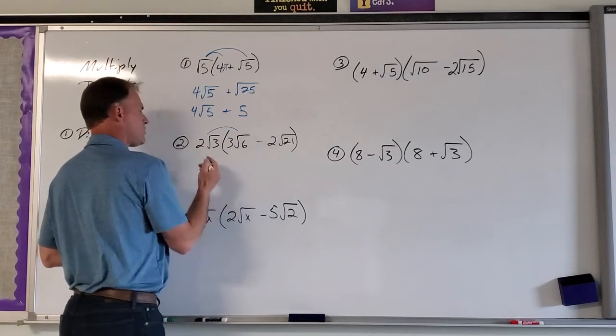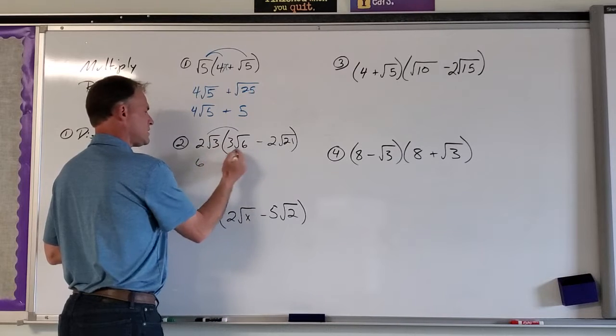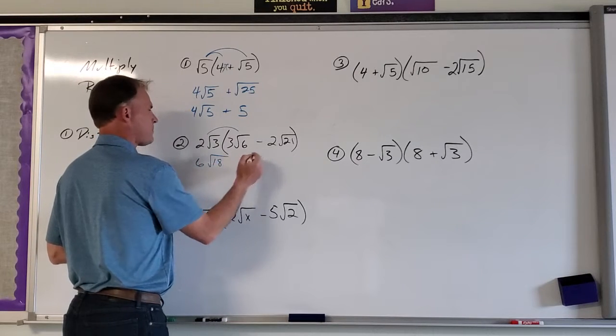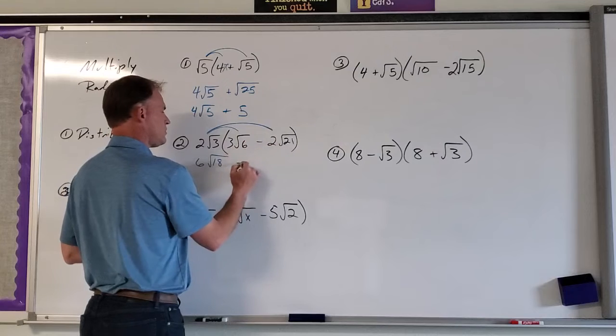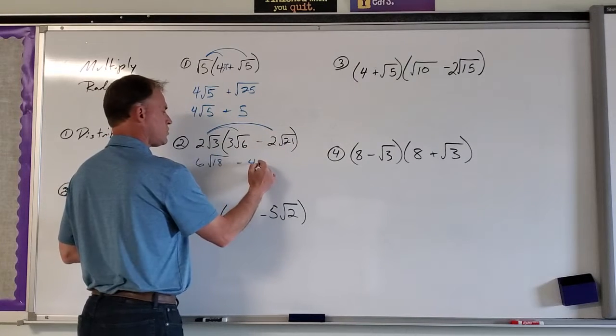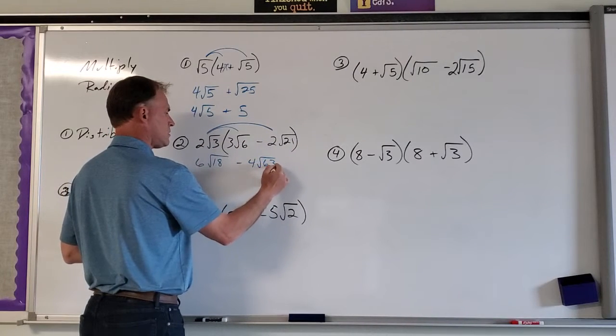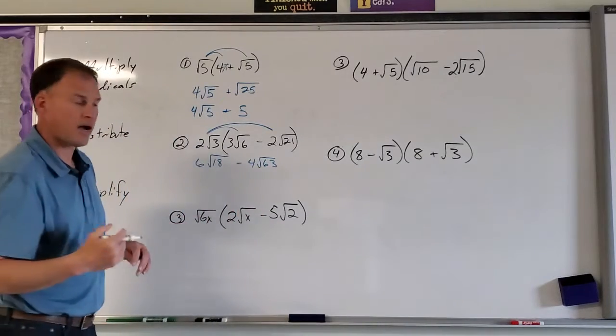Outside, multiply. 2 times 3, 6 times 3. Distribute again. 2 times 2, 3 times 21. Then simplify.